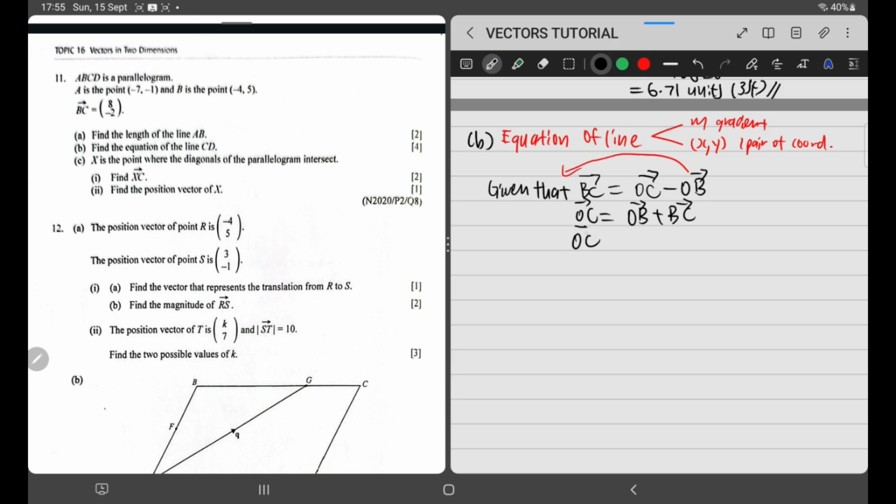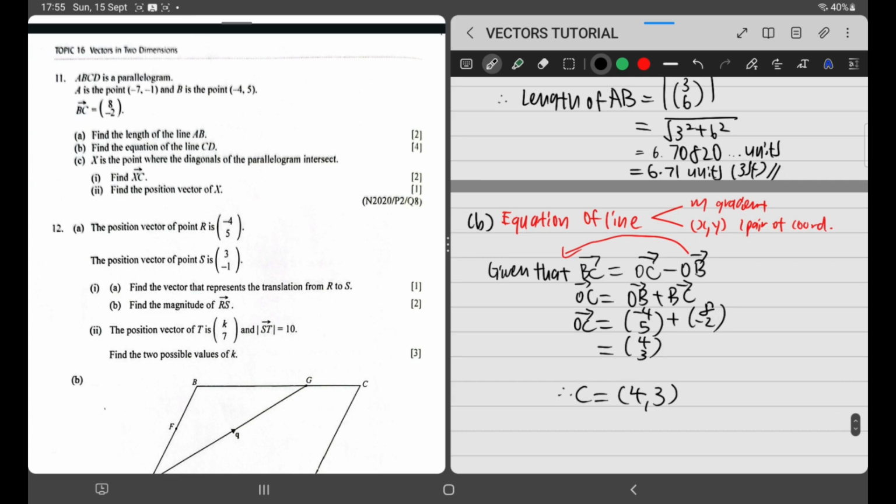Therefore, OC is just (-4, 5) plus (8, -2). This will give you (4, 3). Therefore, the coordinates of C is (4, 3). Right, that is your coordinate of C. So that's one point that lies on this line CD.